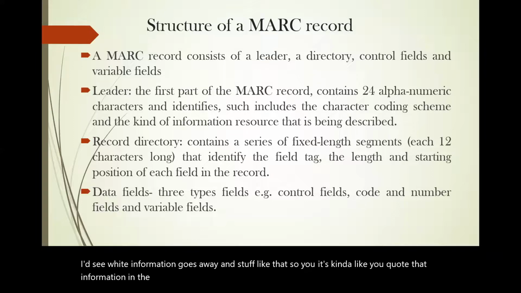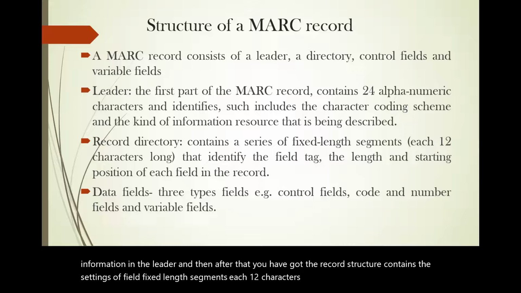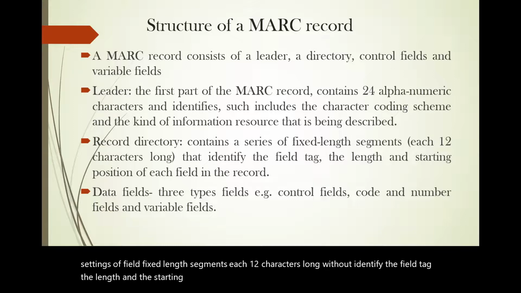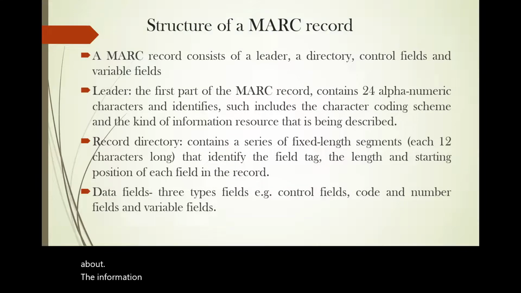And then after that, the record directory contains a series of fixed-length segments, each 12 characters long, that identify the field tag, the length, and the starting position of each field in the record. So here it is all about the information that controls what goes where within the record structure. You will see it properly when we are doing it practically.